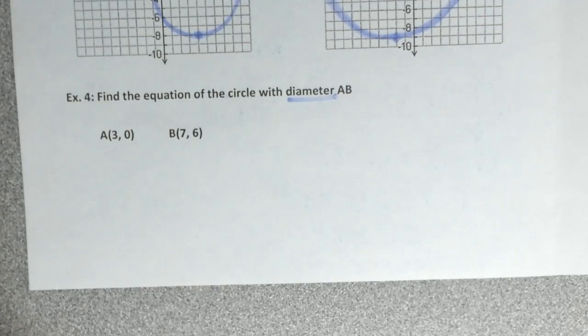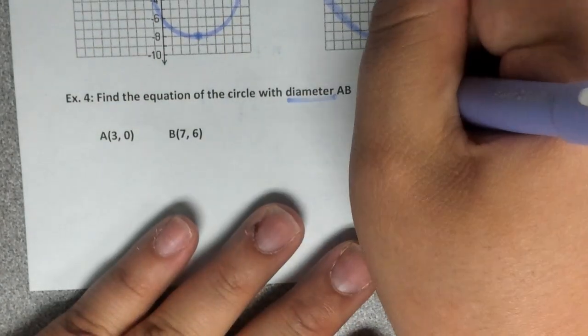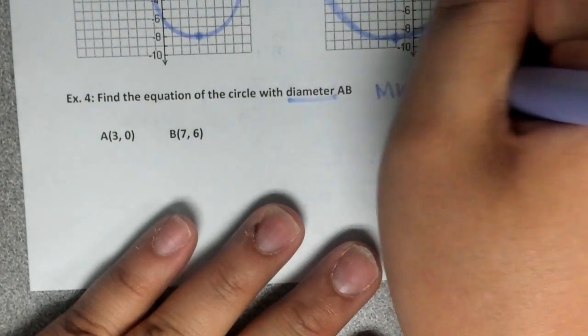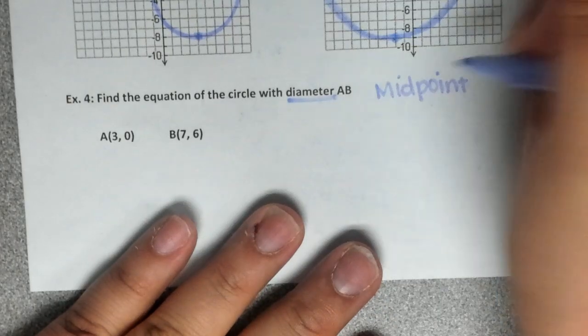How can I find the center? Distance. If you have 2 points, how can you find the center? Not the distance formula. Say it louder. Do you agree the center is at the midpoint?